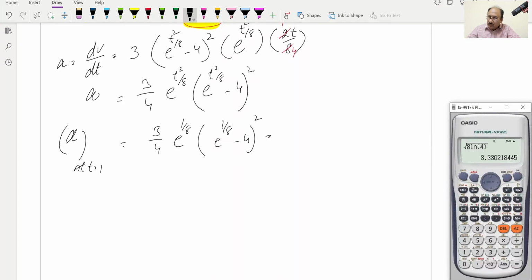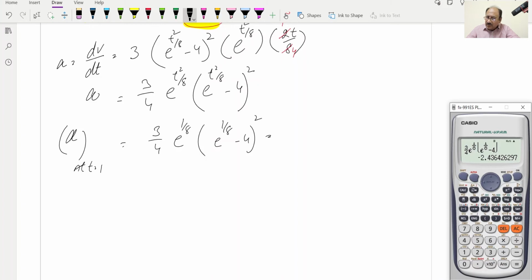And for this one the calculator will help us. So 3 over 4, and this will be e raised to the power 1 over 8, and then bracket, e raised to the power 1 over 8 minus 4, and the bracket should be closed.